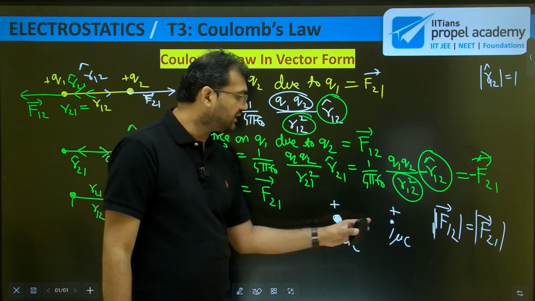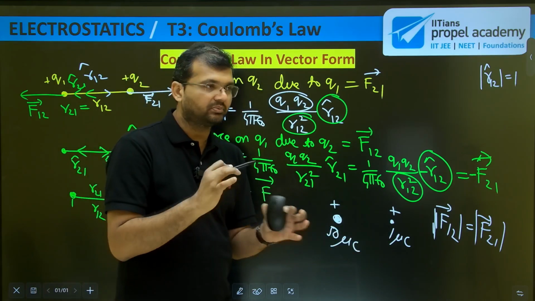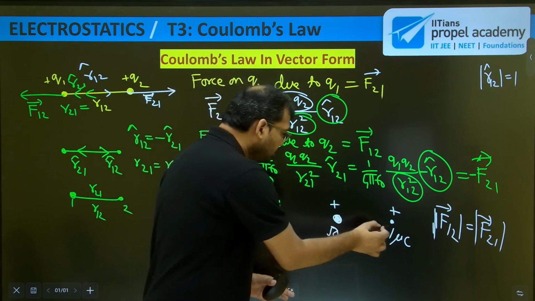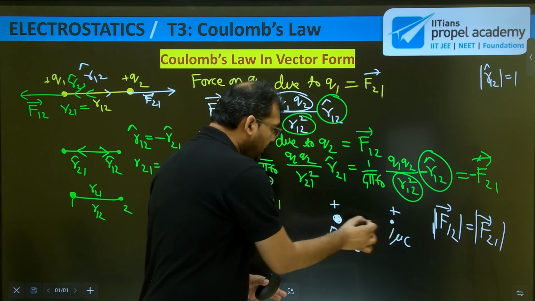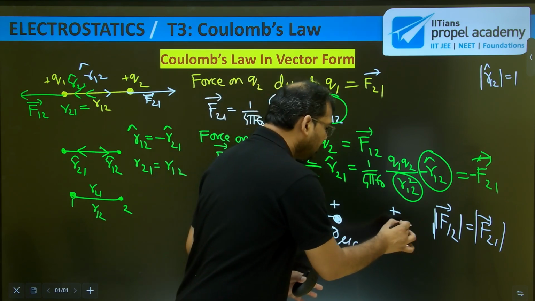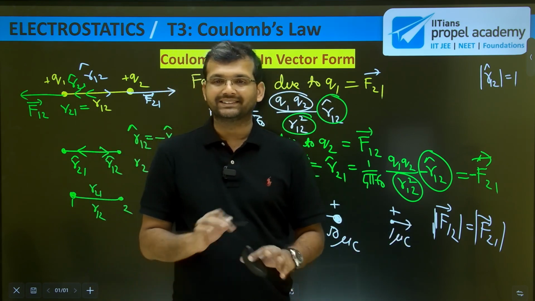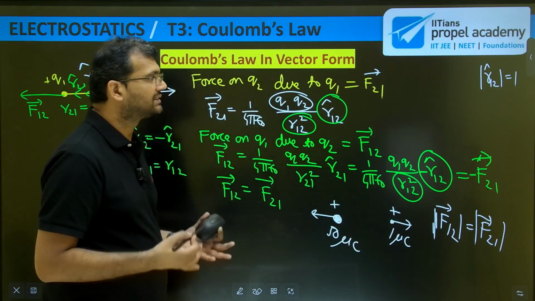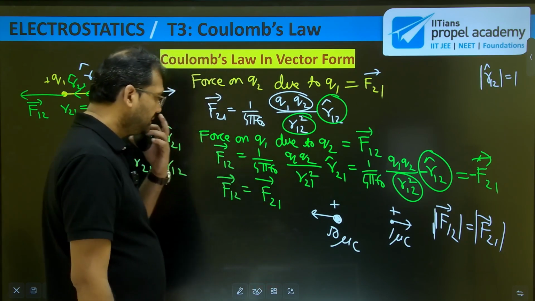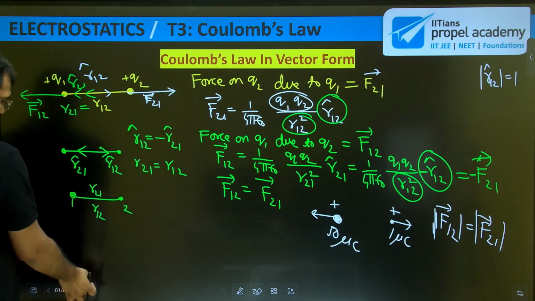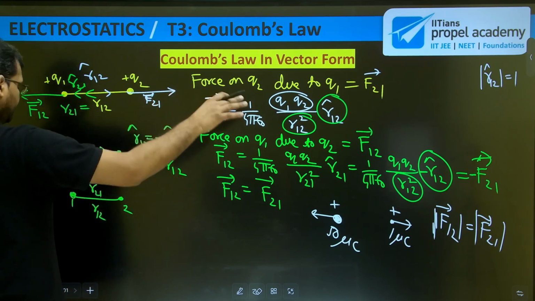So 50 into 1 is the product. The force with which 1 repels 50 is the same as the force with which 50 repels 1 microcoulomb. It's the same force, equal and opposite forces. It's Newton's third law. So this is how we can write Coulomb's law in vector form in a straight line.